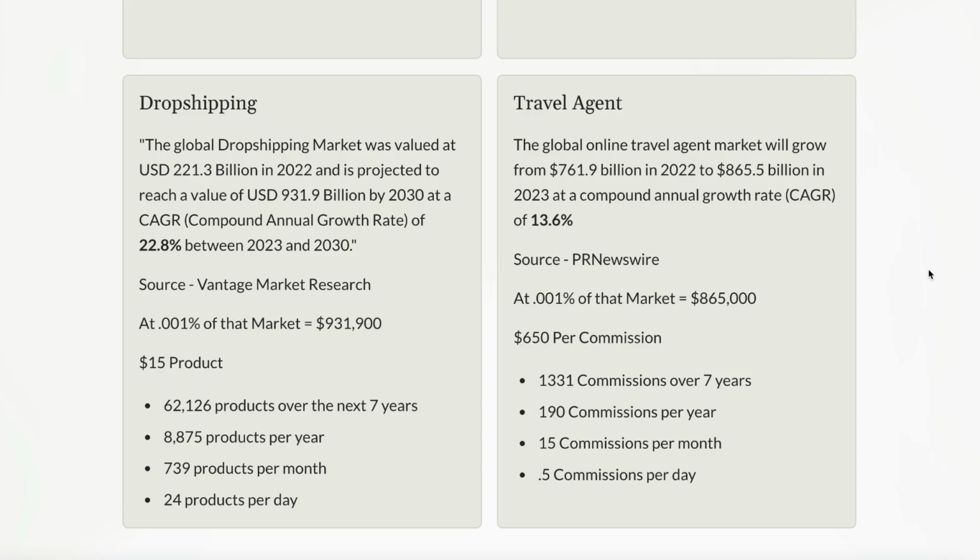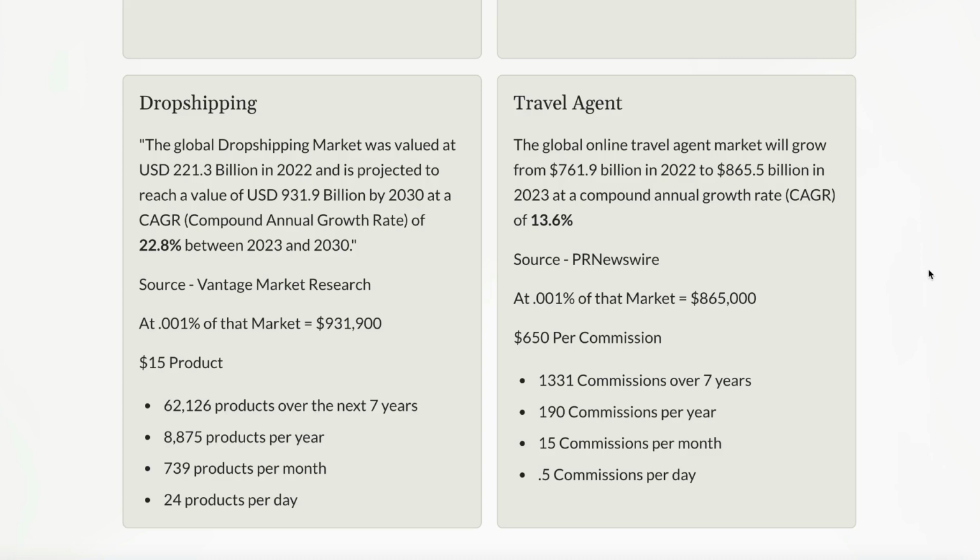And lastly, for the travel agency, the global online travel agent market will grow from $761.9 billion in 2022 to $865.5 billion in 2023. So we can look at those numbers at 0.001% of that market, and that's 865,000. So let's just take a range of $650 per commission, if that's how we're going to run this agency.